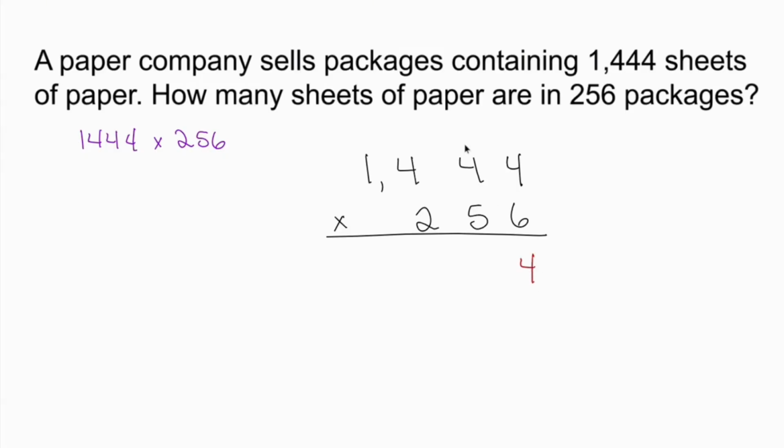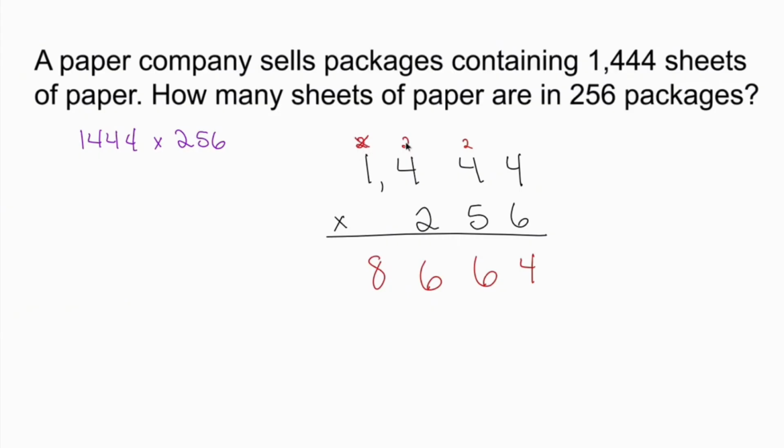Write out 4, carry over a 2. 6 times 4 is 24. 24 plus 2 is 26. Write out a 6, carry over a 2. 6 times 4 is 24. 24 plus 2 is 26. Write out a 6, carry over a 2. 6 times 1 is 6. 6 plus 2 is 8. Write out your 8, and we're done with this row.